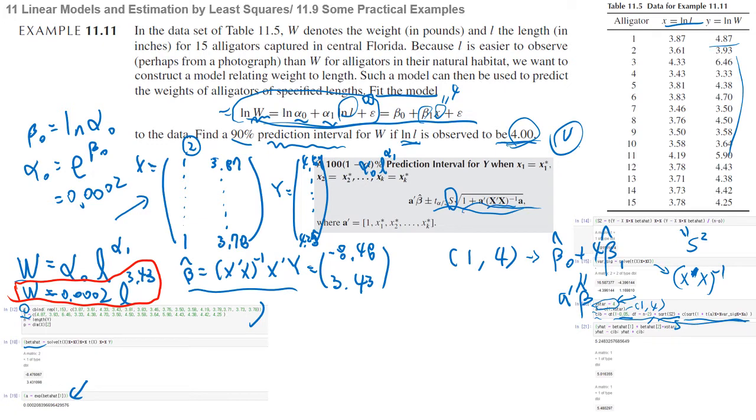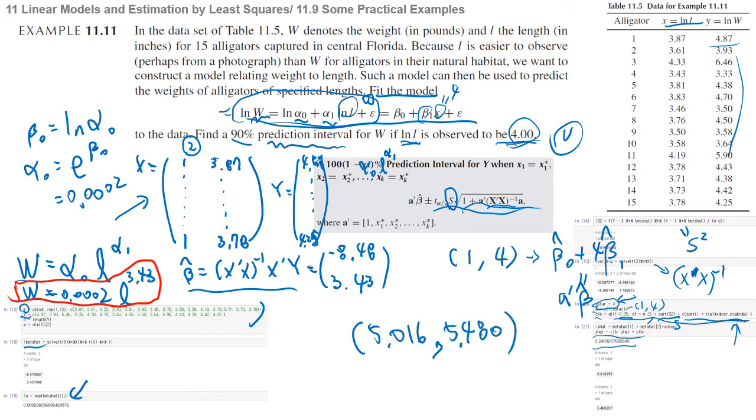And so after constructing this formula using R, the next thing you can do is to calculate. After the calculation, A transpose beta hat is 5.24, and the result would be 5.016 to 5.480.